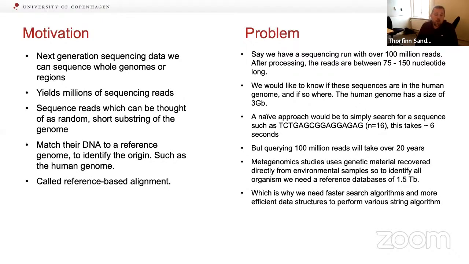These are normally relatively short: if it's ancient DNA, around 30 base pairs; if it's modern, much longer, around 250 within next generation sequencing data. One of the defining characteristics of third generation sequencing data is that you can have reads hundreds of kilobases long. These reads are sampled with replacement from the chromosome, so we need to figure out where they belong relative to a reference genome.